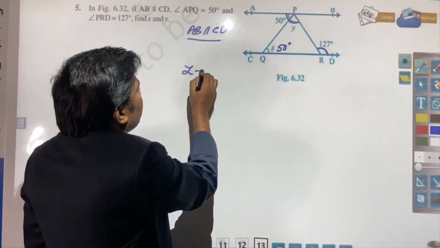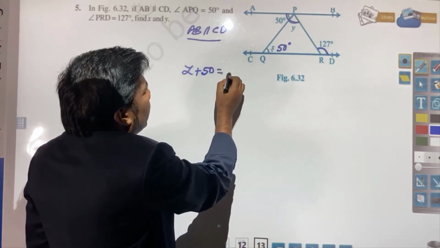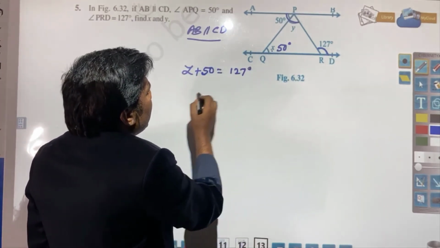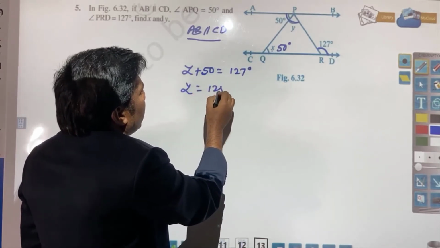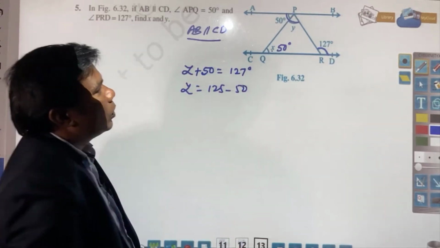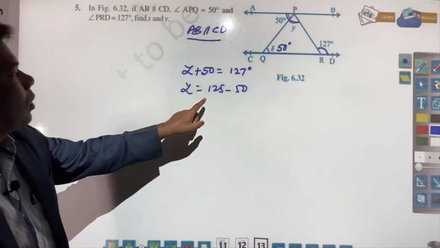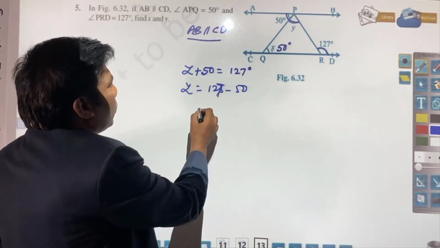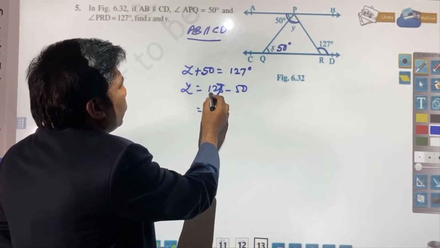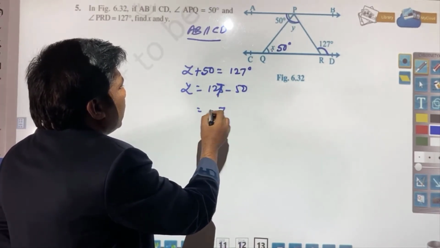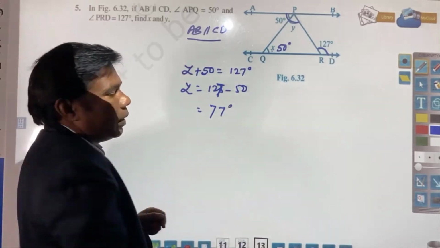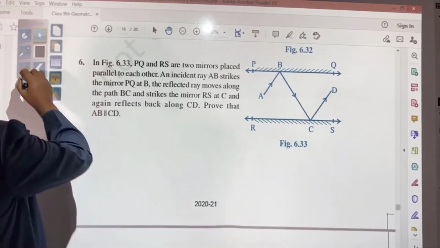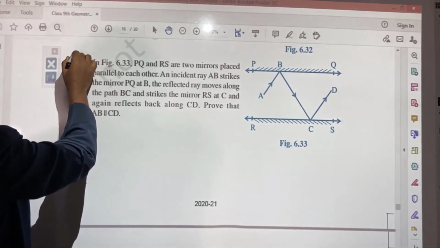So Y plus 50 will be equal to 127 degree. So Y will be 127 minus 50. Just you subtract, you will get 77 degrees. Next question you see, question number 6.